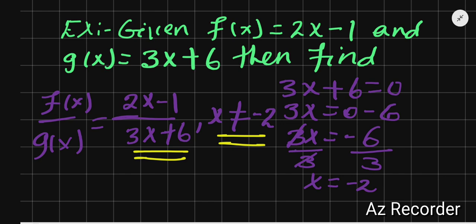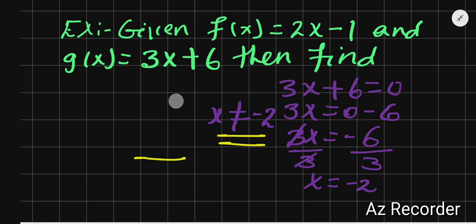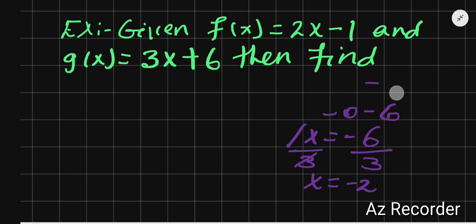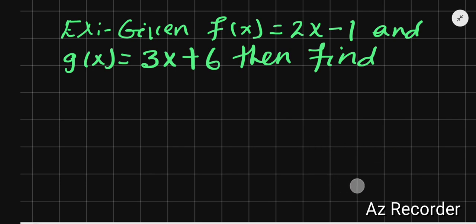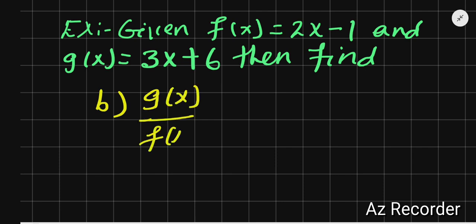Again, b says find g of x over f of x. Let's calculate b. To calculate b, let's clear this one. Okay students, b says find the reciprocal of f of x over g of x, that is g of x over f of x.